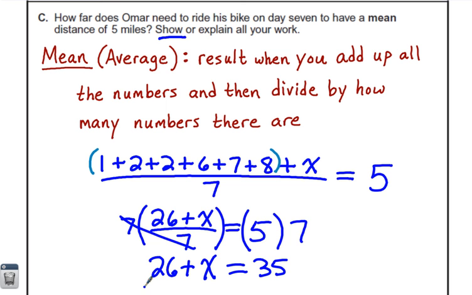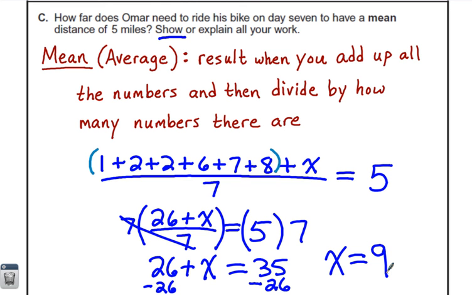And then, again, showing every bit of work, finally getting x by itself, you're going to subtract 26 from both sides and end up with x equals, oh boy, 35 minus 26. That should be 9.